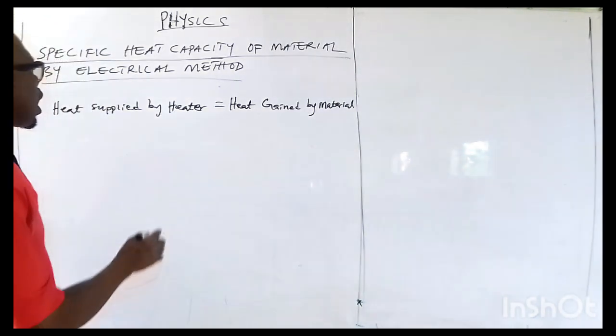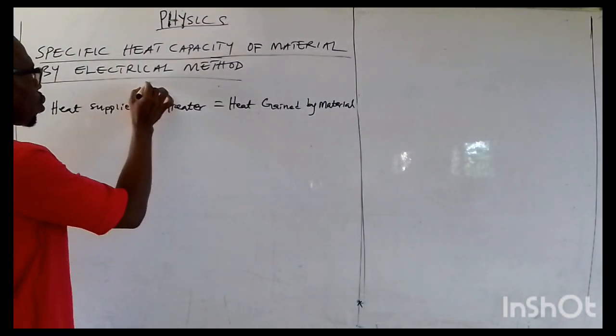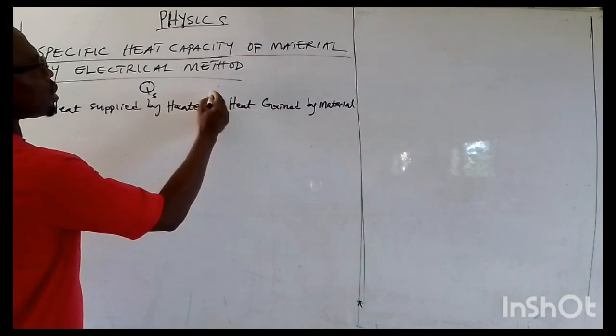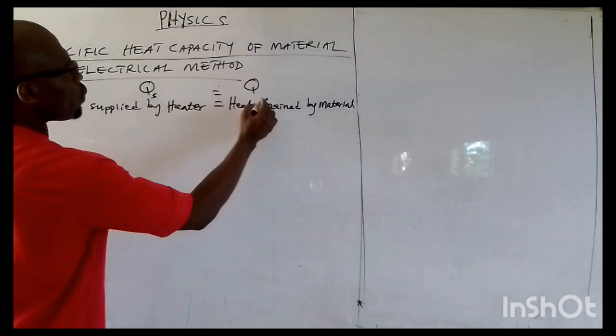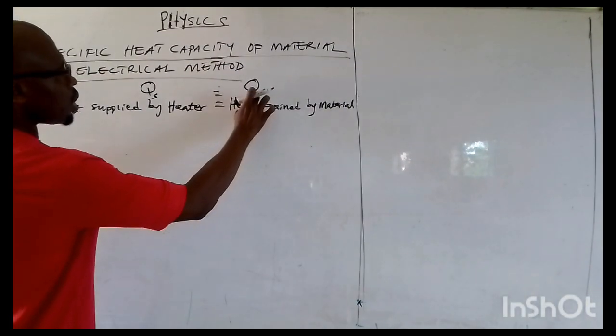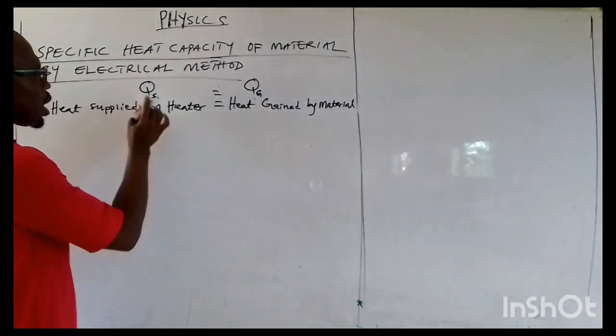And of course, we have the heat gain, which is Q. So we said heat supplied is equal to quantity of heat gained. They are the same thing, if I use gained or absorbed. In other words, we have a Q.